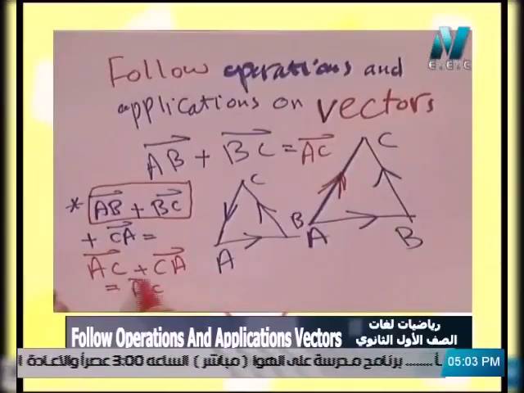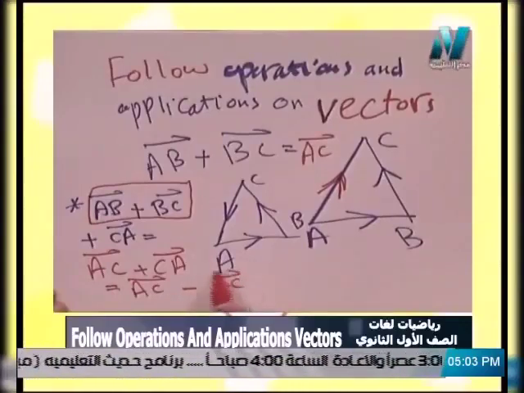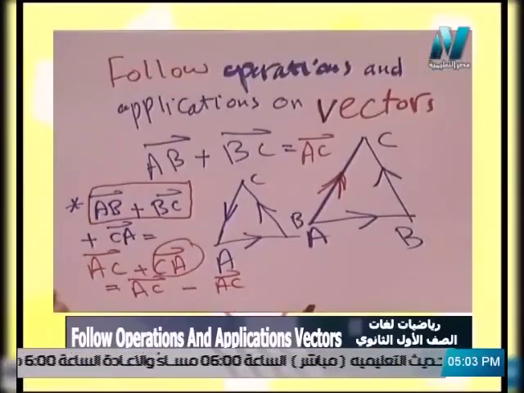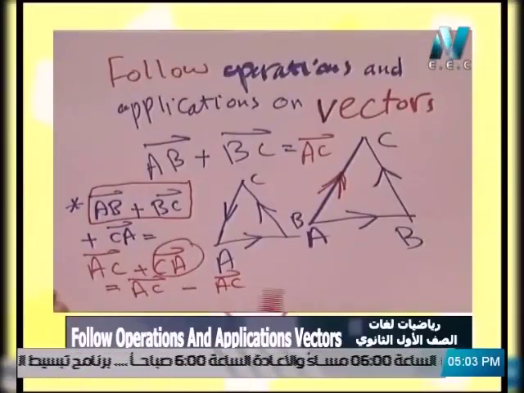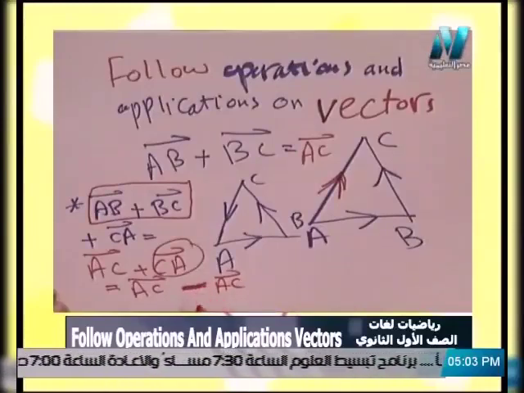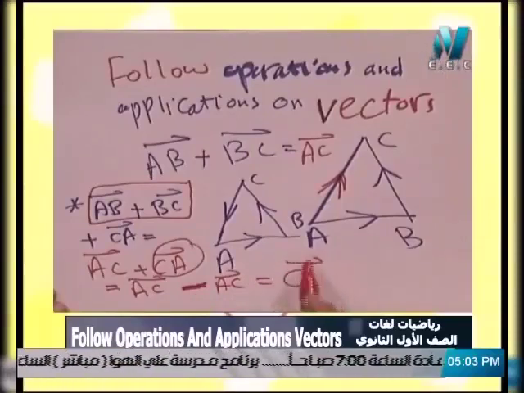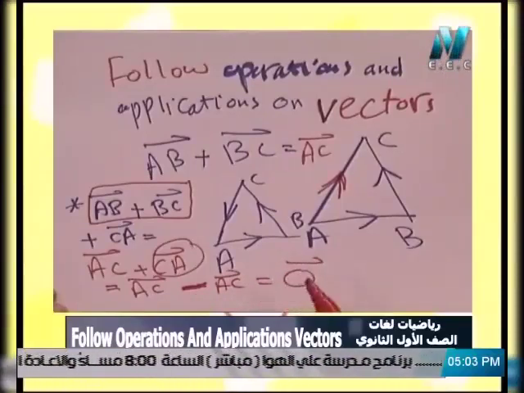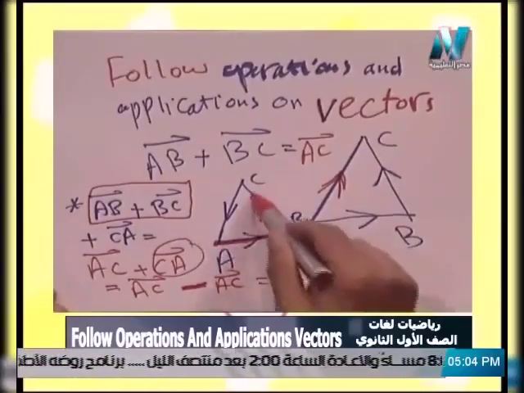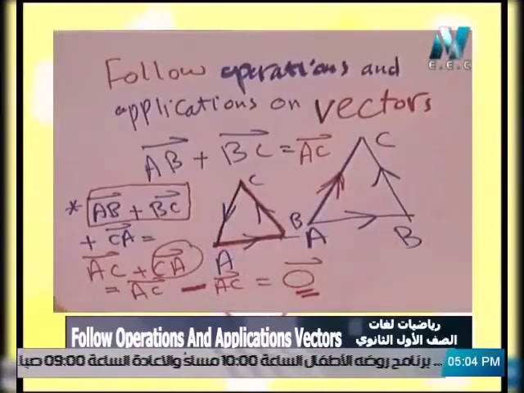For CA, we can change the starting point with the end point and put a negative, because the direction will be opposite. So the answer will be the zero vector. So we can say that the vector AB plus the vector BC plus the vector CA equals the zero vector.